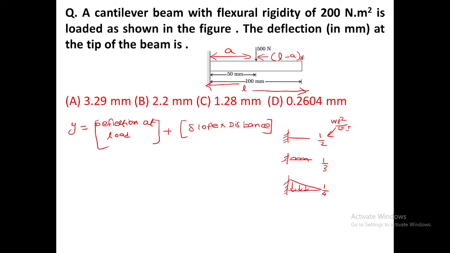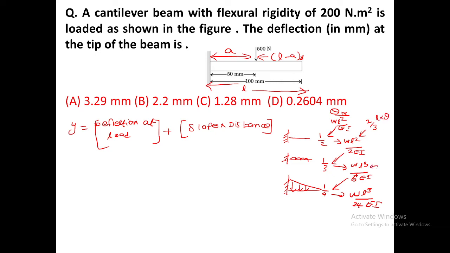Multiply with this one to get the slope at point B: WL squared by 2EI. Multiply with this one: WL cubed by 6EI. Multiply with this one: WL cubed by 24EI.